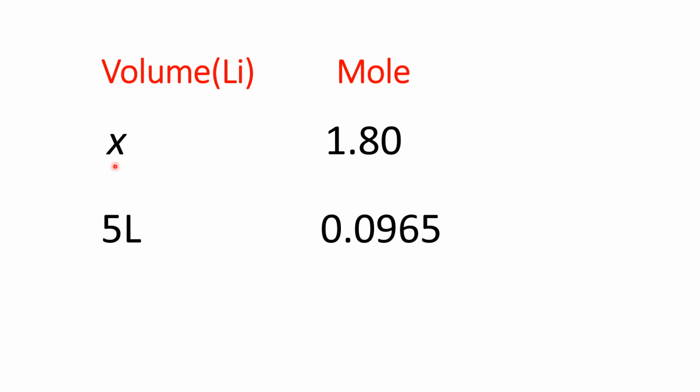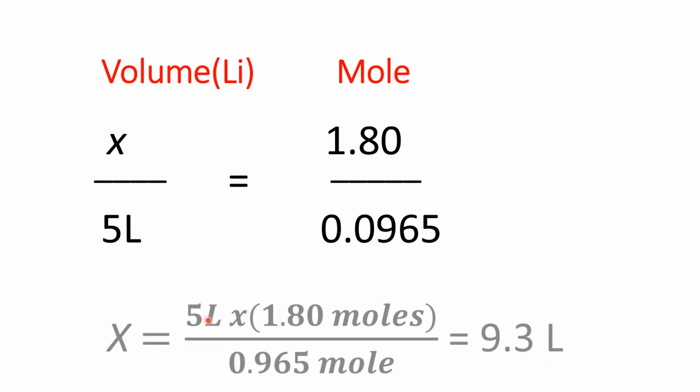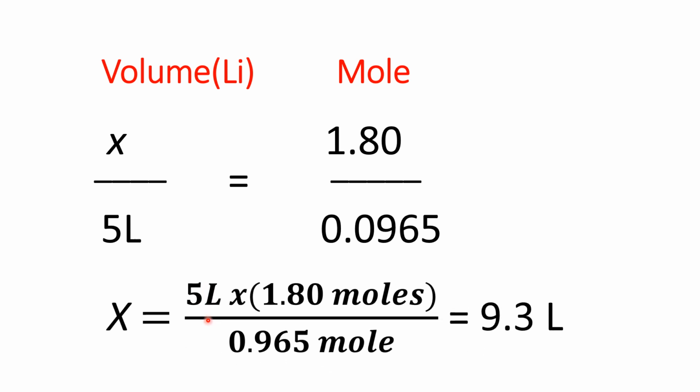So that will be your X. These are your ratios, and then you proceed to setting up your proportions. And then you can now solve for X, and that will be 9.3 liters. Take note, the mole units will cancel out, leaving you a liter unit.